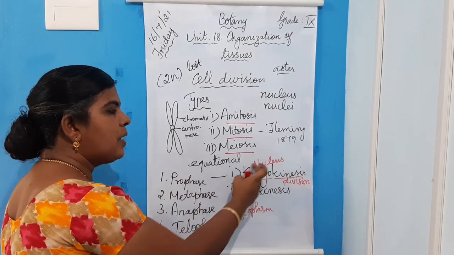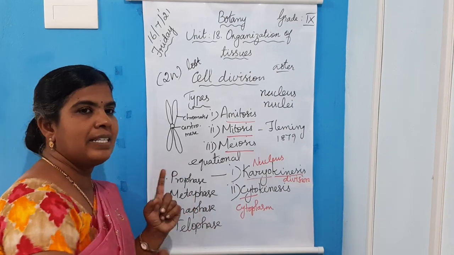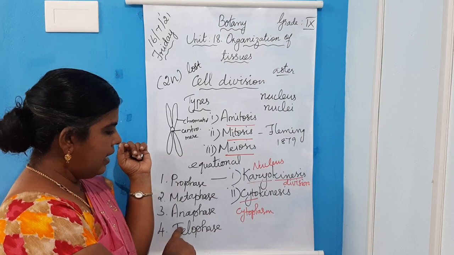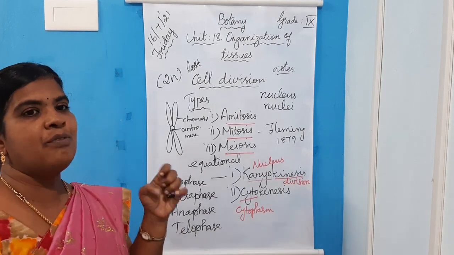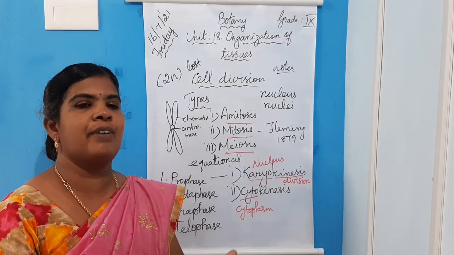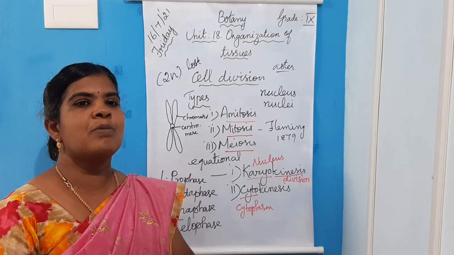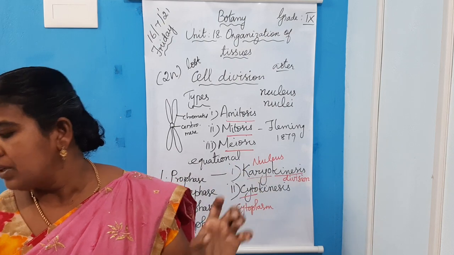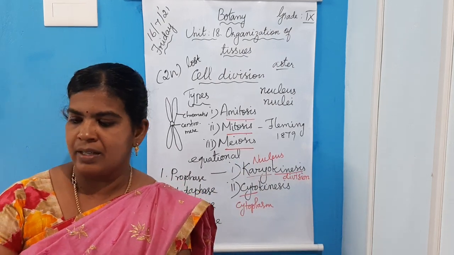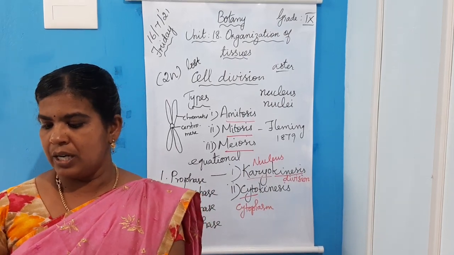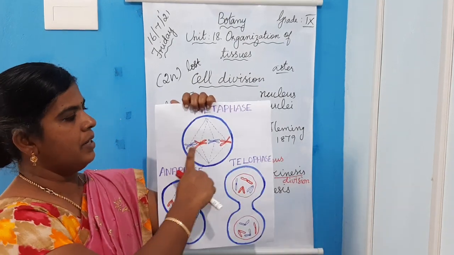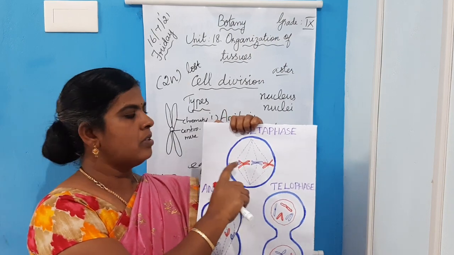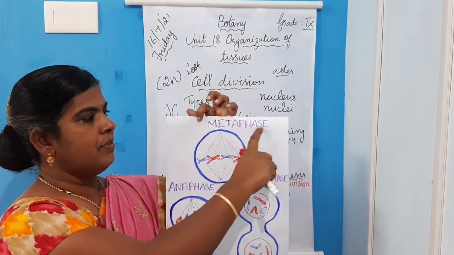Karyokinesis occurs in four phases: prophase, metaphase, anaphase, and telophase. At which phase are the chromosomes arranged at the equatorial plane? That is metaphase.